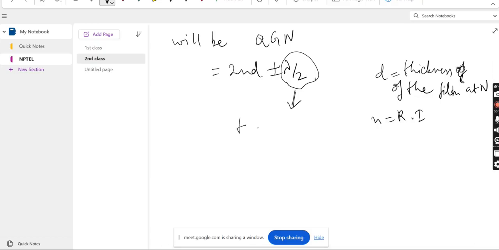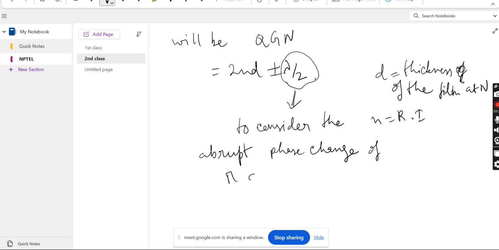So this is to consider the abrupt phase change of pi due to reflection at G.